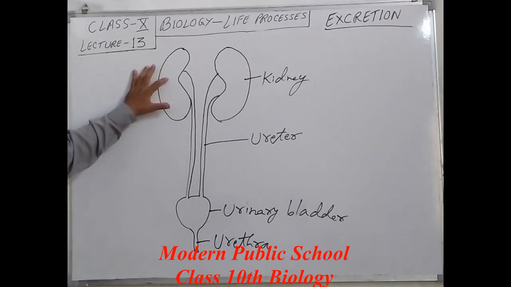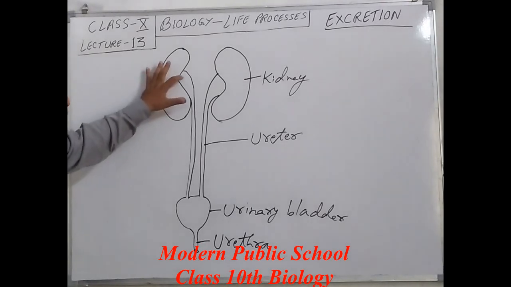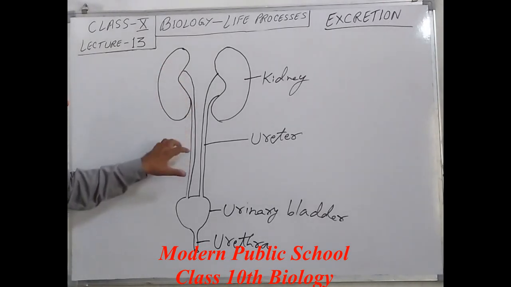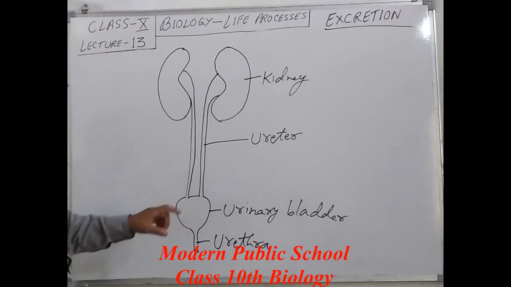With the help of the kidney, the blood is filtered, and the urine is passed from the kidney to the ureter and then to the urinary bladder.